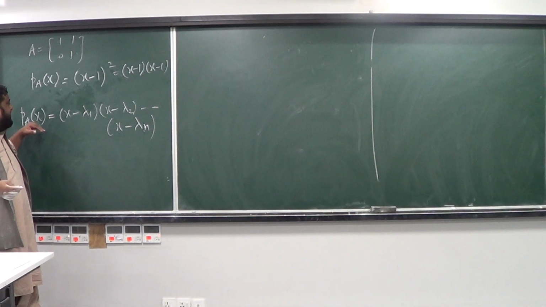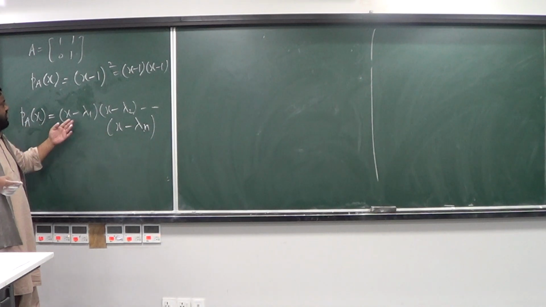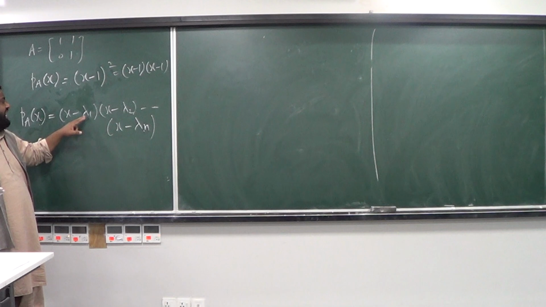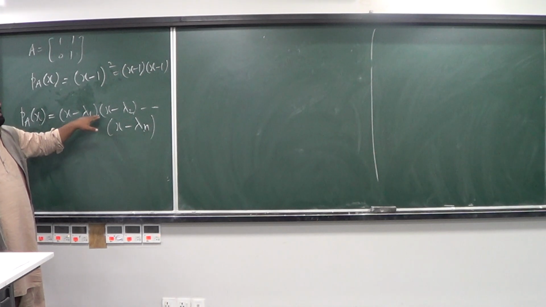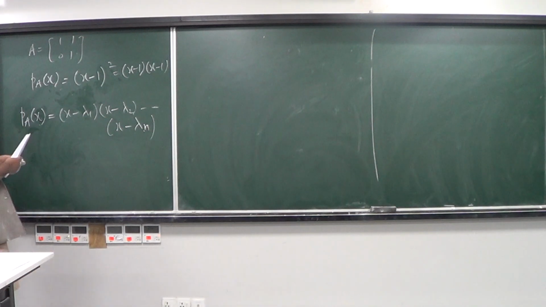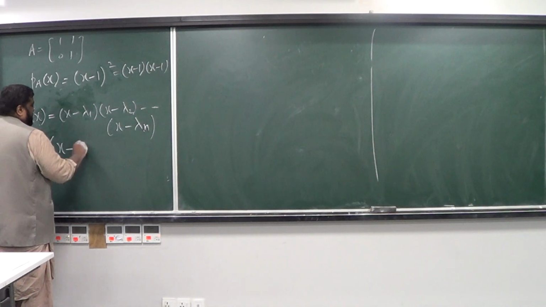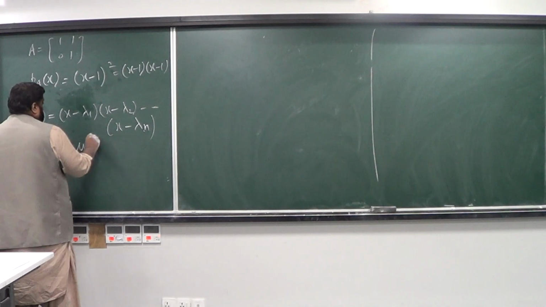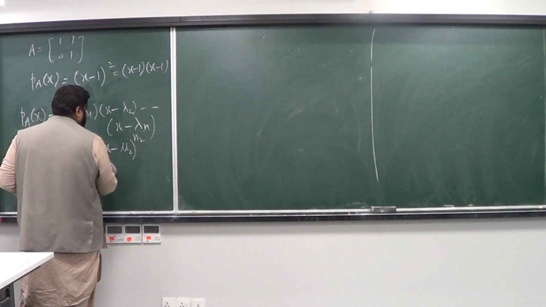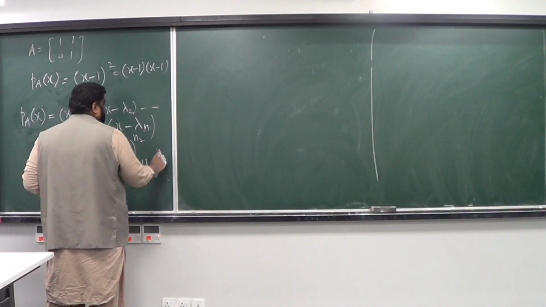If I have a matrix A, its characteristic polynomial is going to be an n-degree polynomial in which there can be repeated eigenvalues. In other words, the same number can appear more than once in this factorization. So I write this as x minus mu 1 to the power n1, x minus mu 2 to the power n2, and so forth, up to x minus mu d to the power nd.